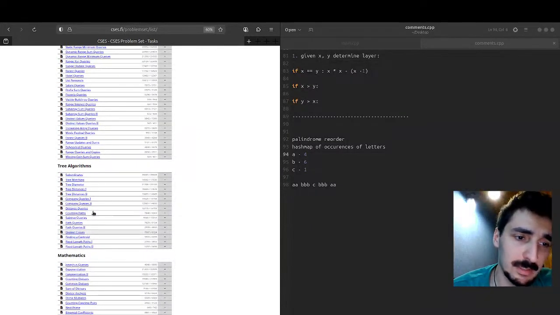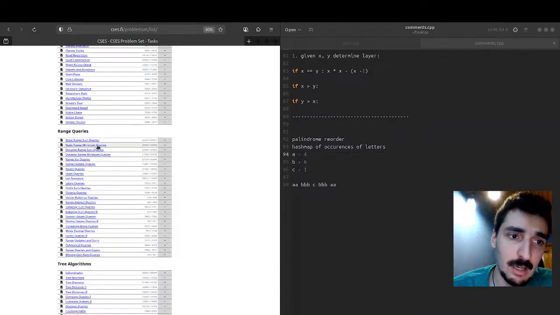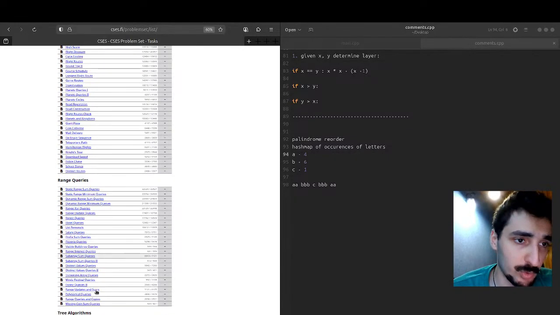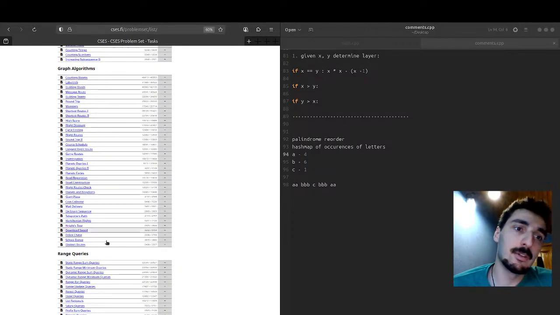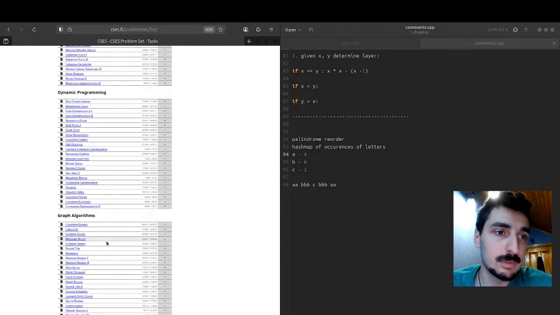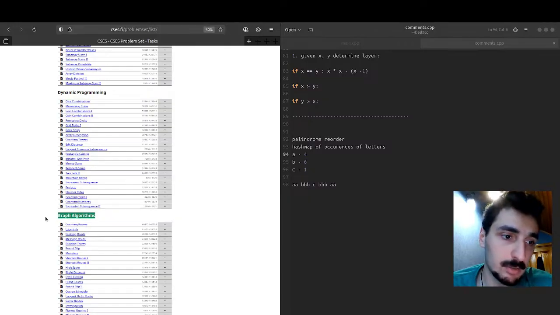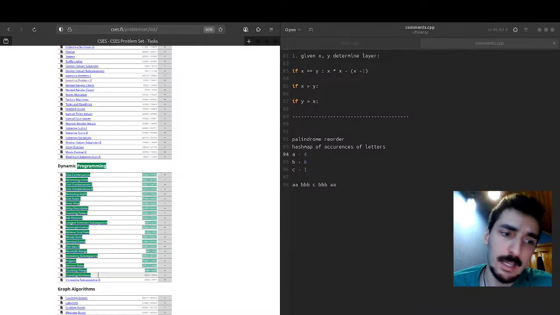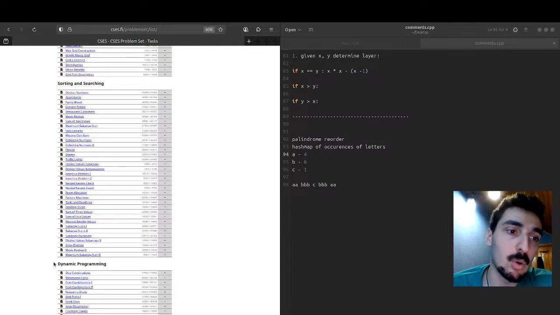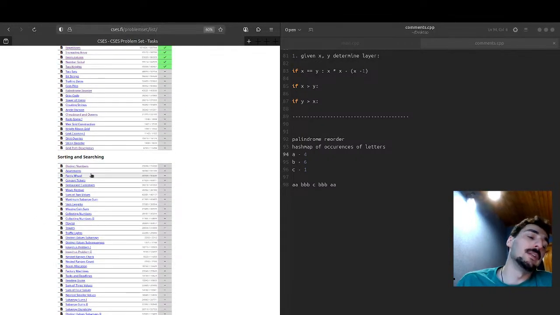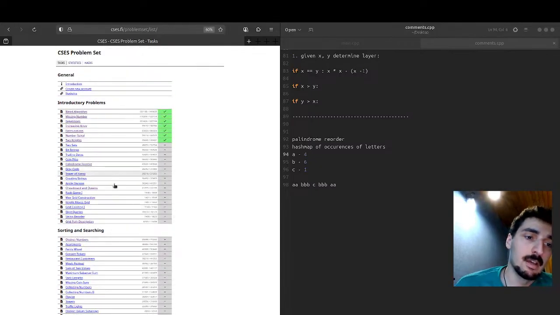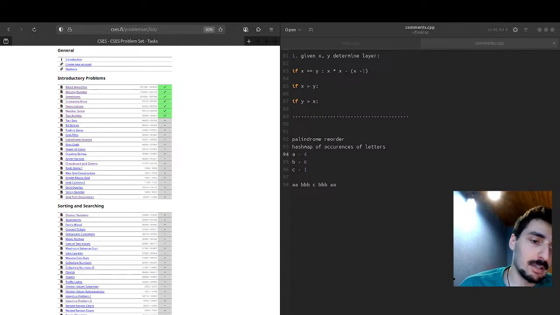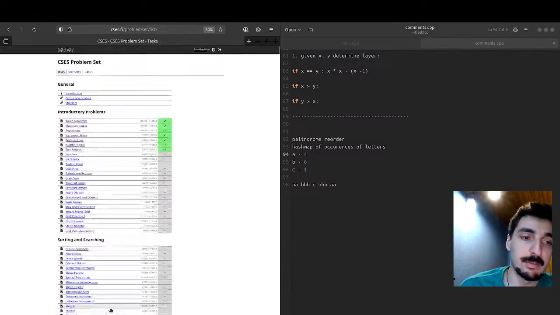Tree algorithms, a lot of work. Range queries, I think we'll have segment trees here. Graph algorithms, a lot of hard problems. Dynamic programming, I don't get it at all, I think I'm a noob at it. Sorting and searching, it's gonna be hard, but whatever.